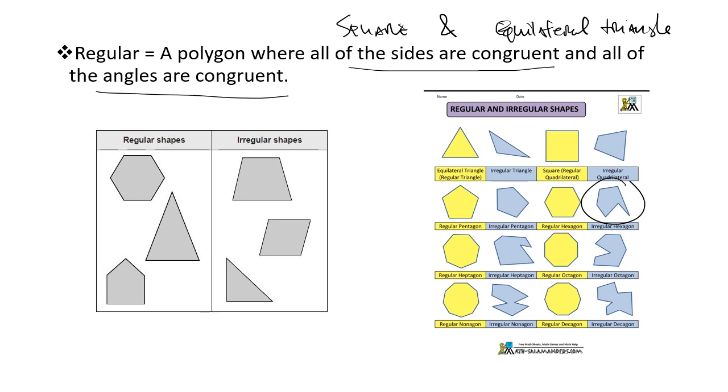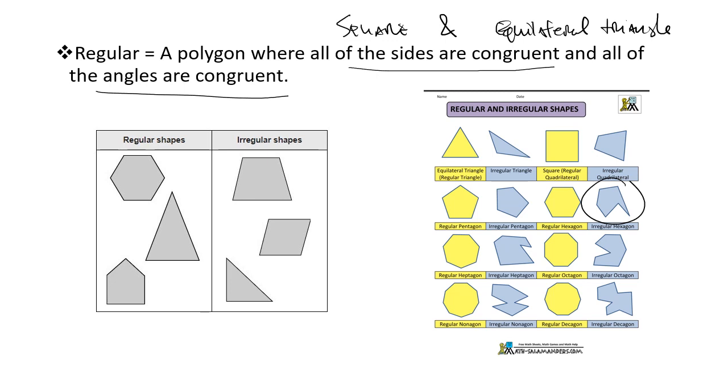We can see that it's formed by straight lines, and none of the lines cross over each other. So this is a simple hexagon, but it's not regular because not all the sides are the same length. Obviously this side and this side are not the same length. One's clearly longer than the other, so we know right away this is not regular.